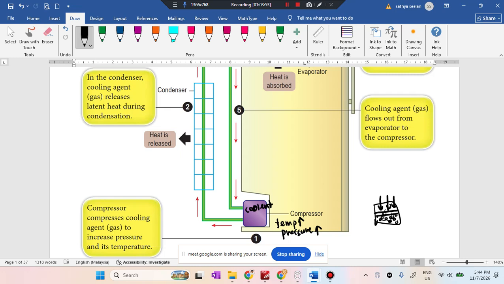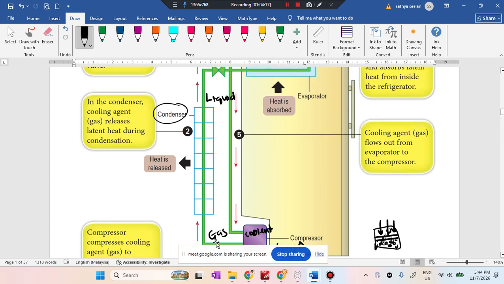So, the cooling agent is released at high pressure. It enters here, because it was a gas. This is the condenser. Do you know the condenser? Here the gas becomes liquid when it passes through the condenser, because gas to liquid is condensation. When gas is converted to liquid, a lot of heat is released.